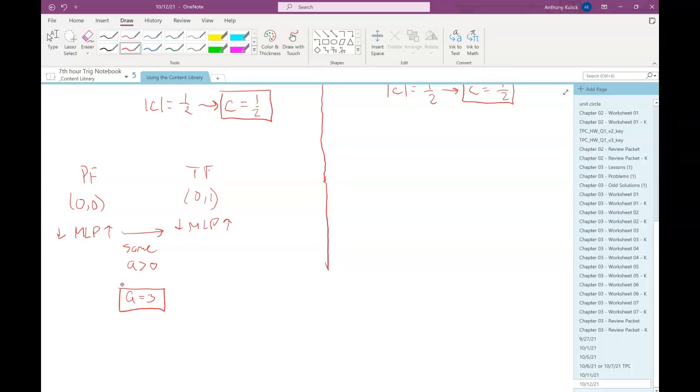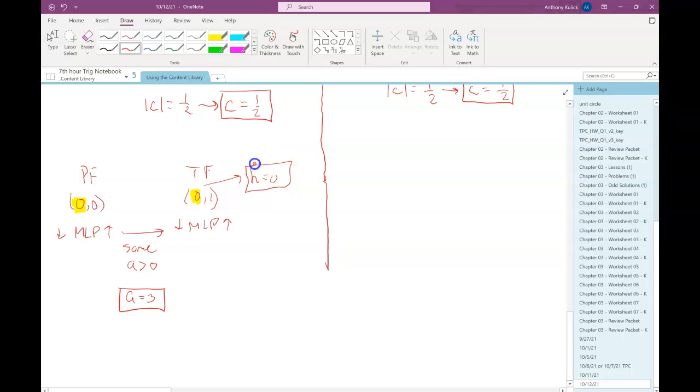Is everybody okay so far? The last thing we have to do is find our H. So here's the trick. This is why I wanted to use the point 0, 0: if the x coordinate for my parent function is 0, the h is going to be the same as the x coordinate for my transformed function. So h is 0.